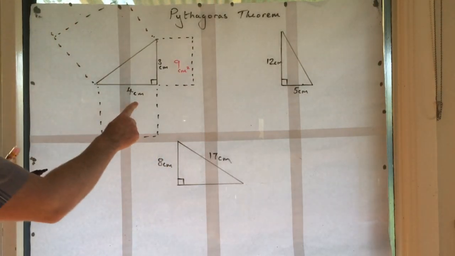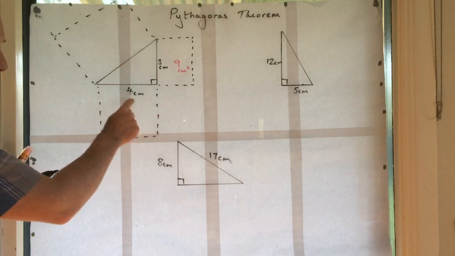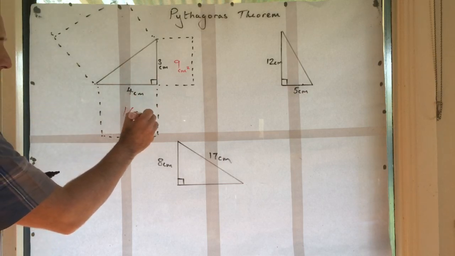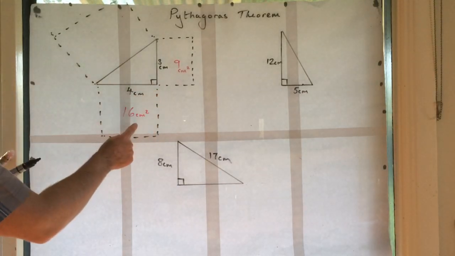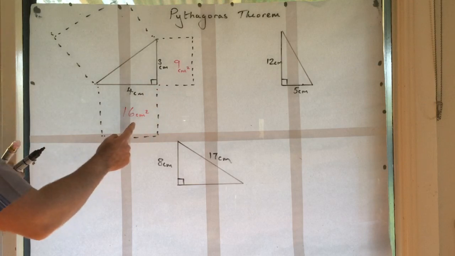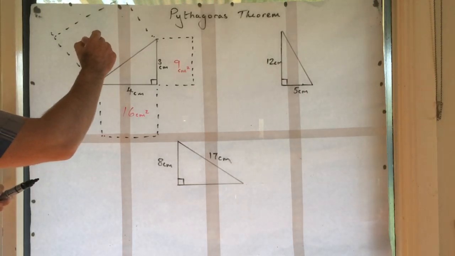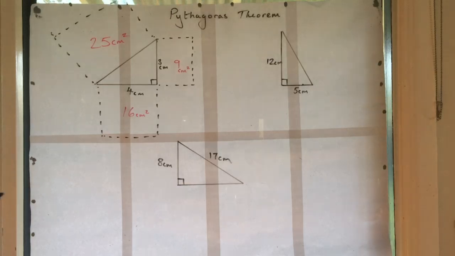Now, if this is 4 centimetres and this is a square, then this is 4 by 4. 4 times 4 is 16 centimetres squared. Now, I add these two together, so 9 centimetres squared plus 16 centimetres squared is 25 centimetres squared. So I know the area of this square is 25 centimetres squared.